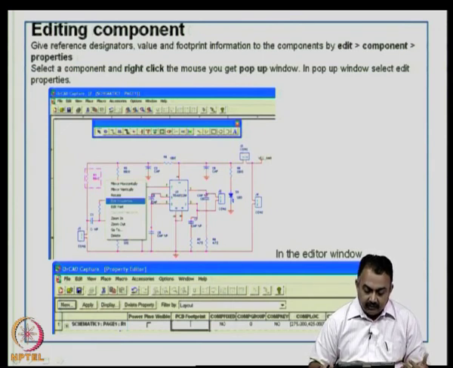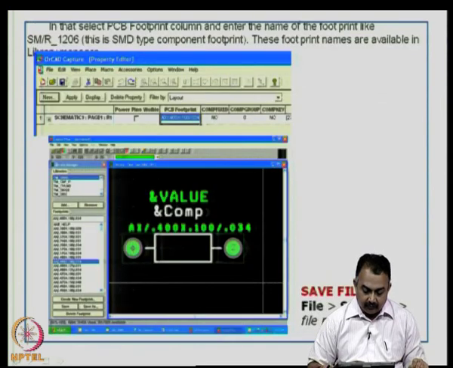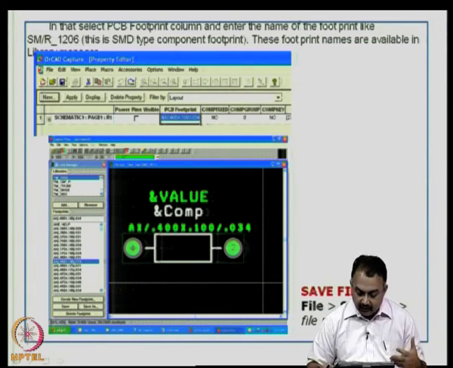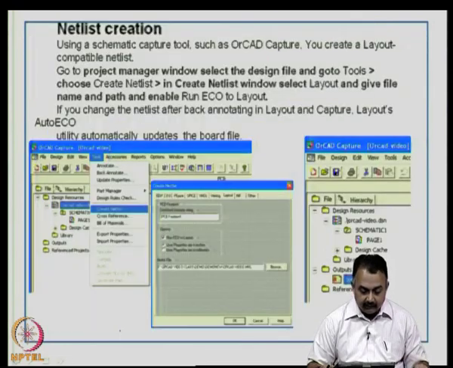Select a component and look at the properties and then edit whatever pin information is required, the numbering sequence that is required and so on, and then save it as a new symbol or a part. The same thing can be done with a part library. In the PCB footprint column, enter the name of the footprint, let us say 1206 SMD resistor, and then you can go there and edit the required information and save it as a new part.